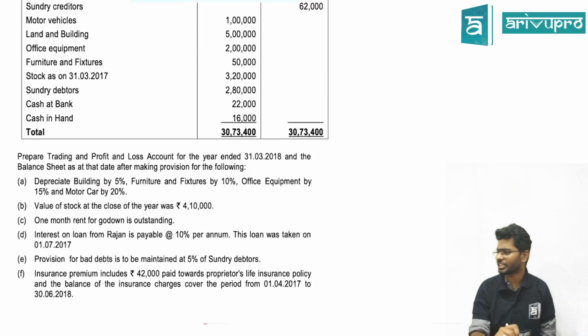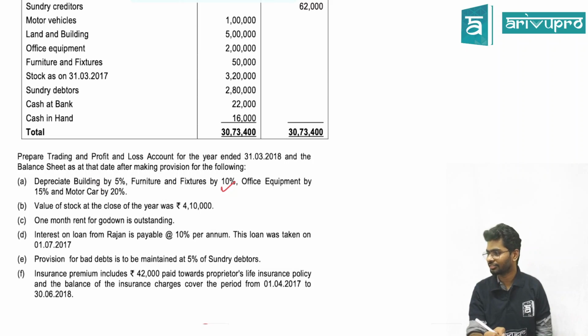Do you know depreciation? Do you know closing stock? Rent outstanding? Interest on loan? That is outstanding interest? What is the journal entry for outstanding interest? Is interest an income or an expense?